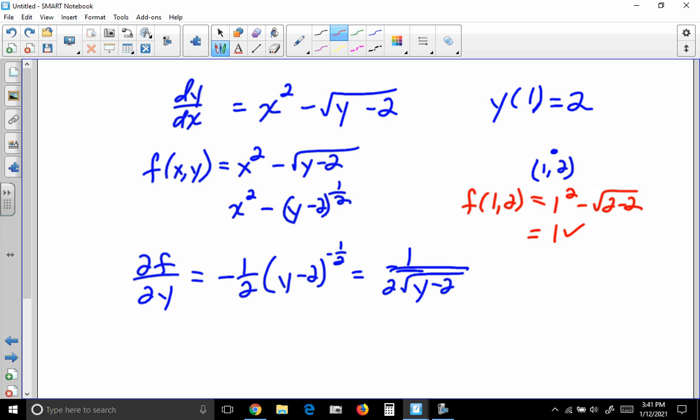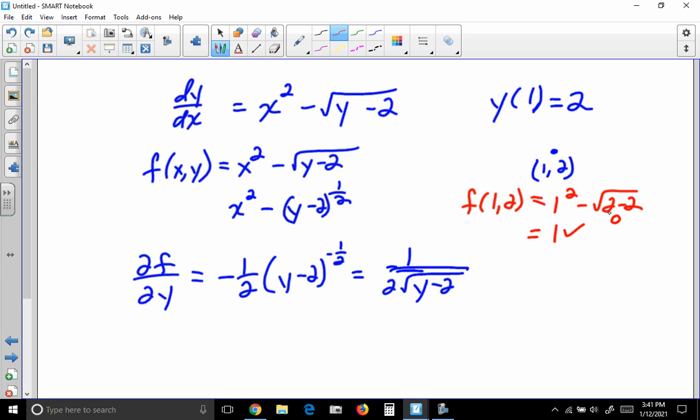But when we have square roots, remember, we have to be careful, because if we end up with a negative number under the radical, we can't do that. That becomes imaginary, and we're only looking for real solutions. We're not looking for imaginary. So when y is 2, we end up with a 0 underneath the radical.